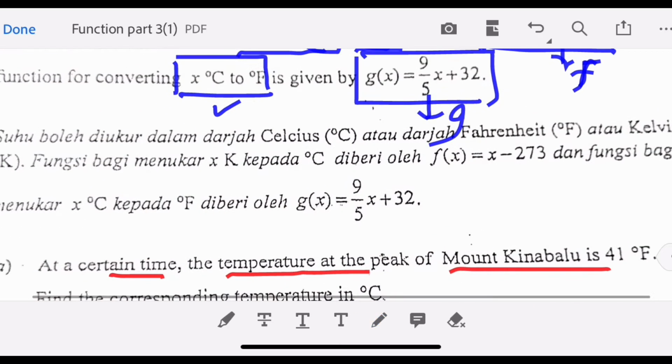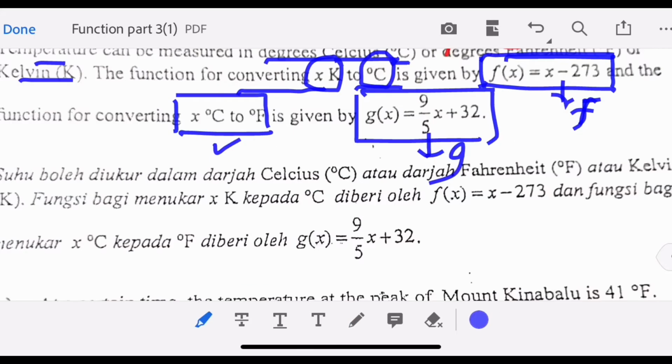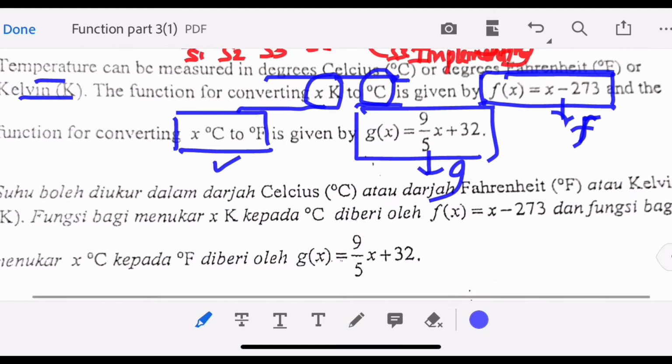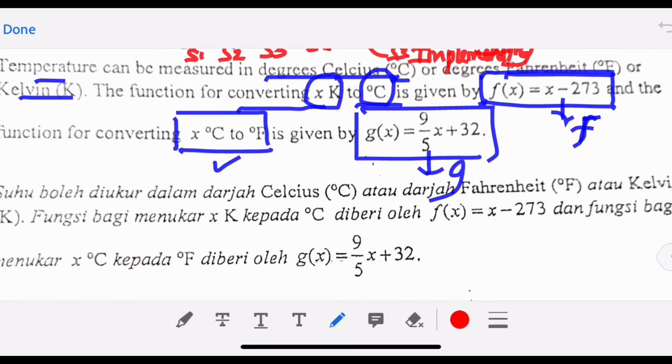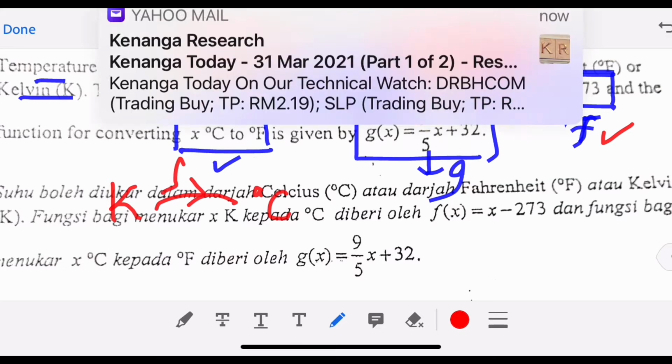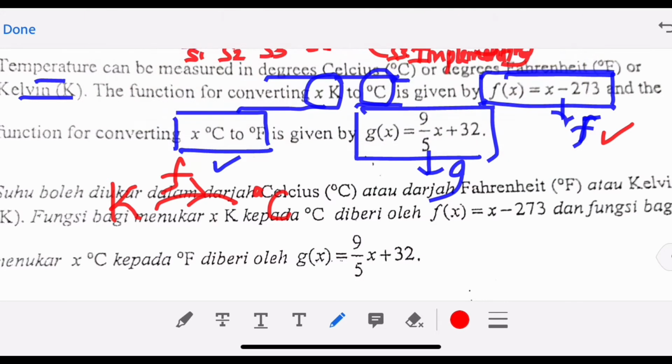Okay. Now you have the Kelvin. You want to convert to Celsius, you use F. This one. From Kelvin to degree Celsius is F, right? And then from the Kelvin to Fahrenheit, okay, we actually can write Kelvin to Fahrenheit, but from the Celsius you can convert to Fahrenheit also, right?